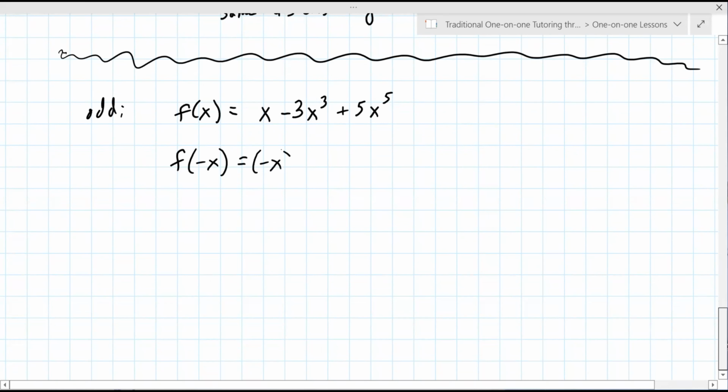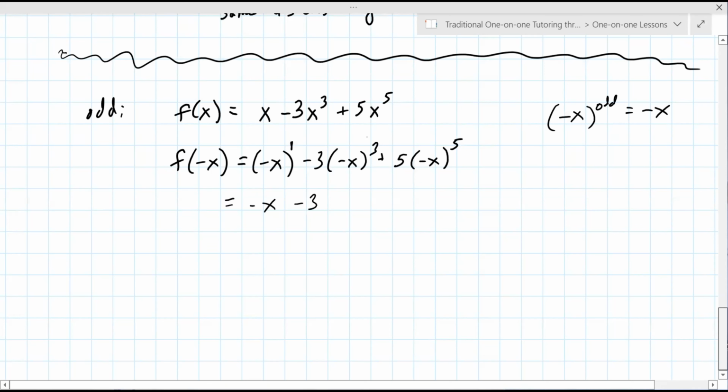So minus x minus 3 times minus x cubed plus 5 times minus x to the fifth. Okay, now there is an exponent here. It's 1. Again, if you have minus x to an odd exponent, it's minus x. So this first one becomes minus x, minus 3, and then the net result of this is the negative. It becomes minus x cubed.